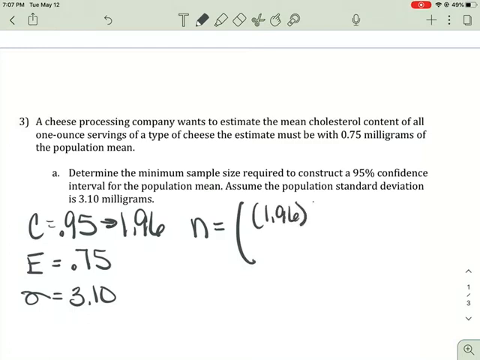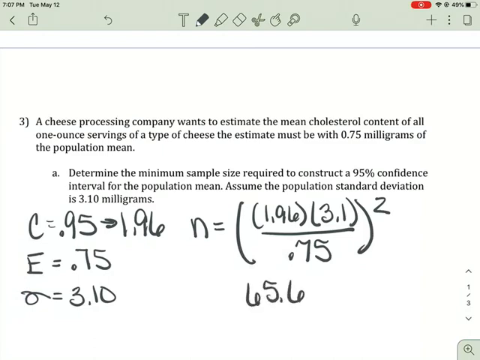Okay, so let's do N equals 1.96 times 3.1 all over 0.75, and then we're going to square that. Okay, so I get 65.6. We're going to round that to 66.